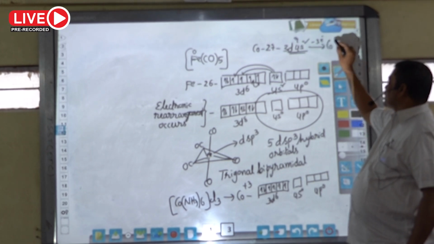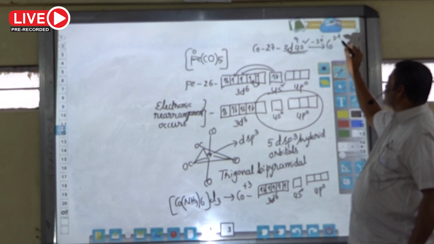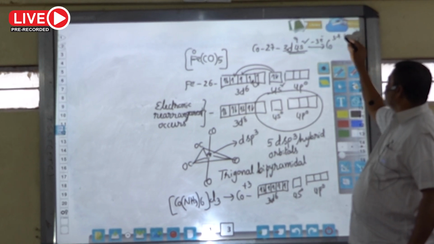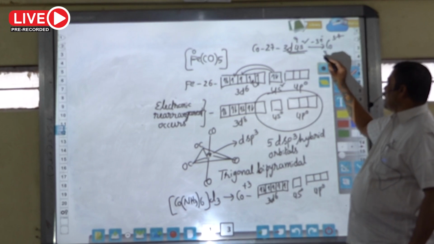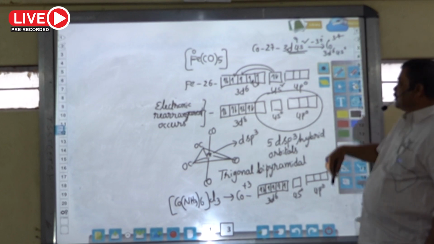Then it becomes Co3+. So the configuration becomes 3d6 4s0.